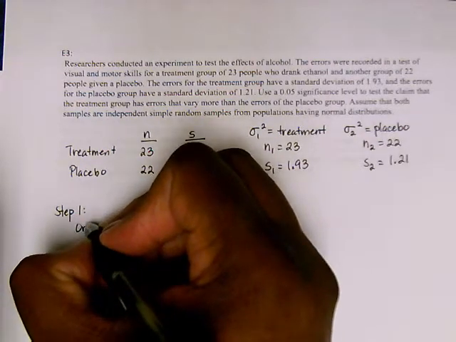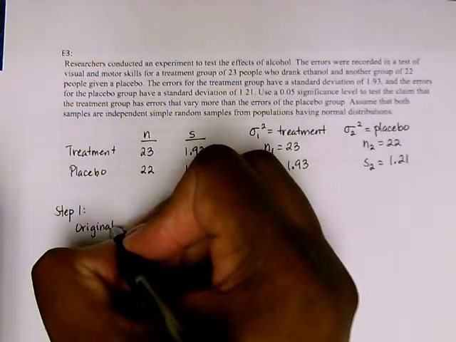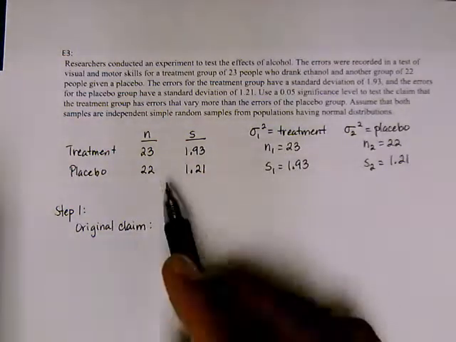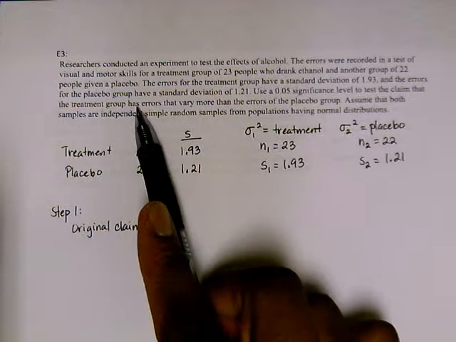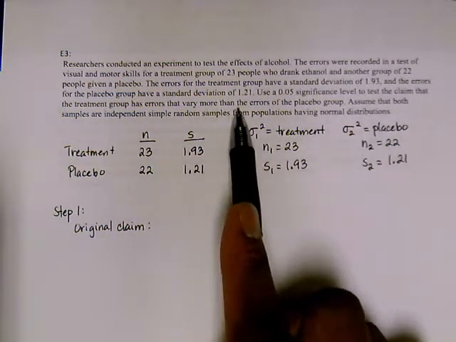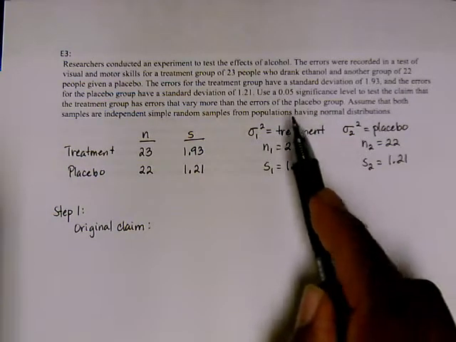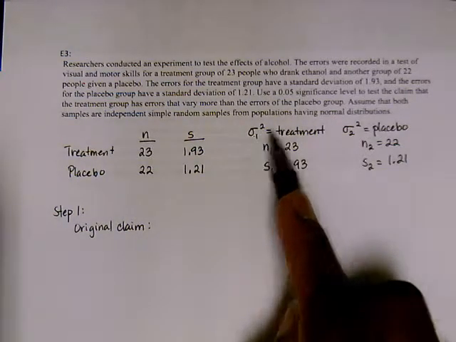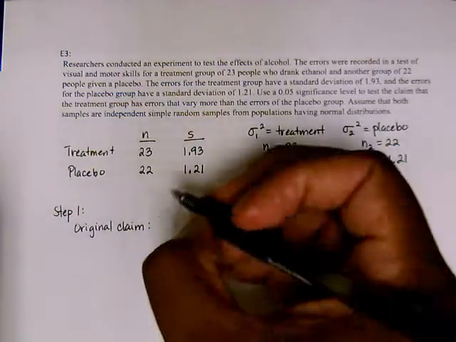Step 1 is the original claim. And that's where we're testing the claim that the treatment group has errors that vary more than the errors of the placebo group. So we want the first population variance to be bigger than the second population variance.